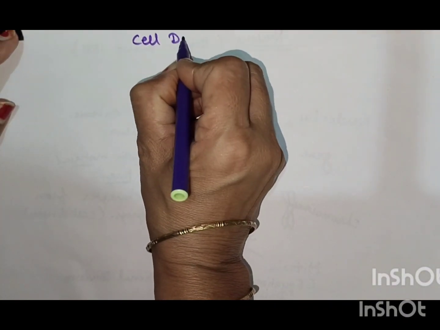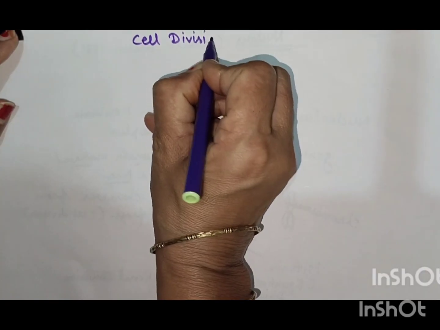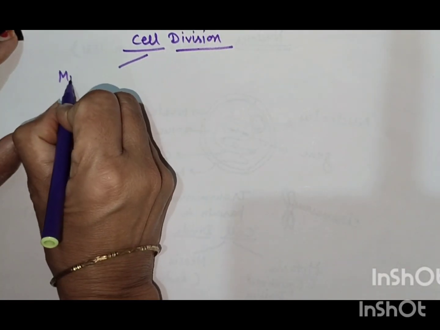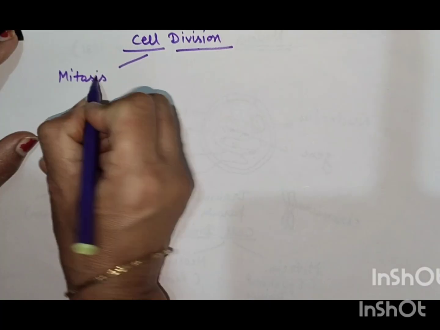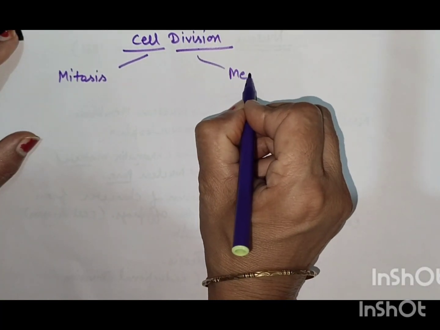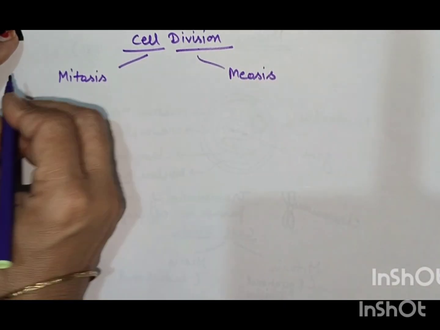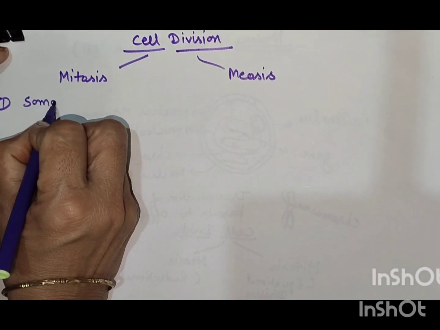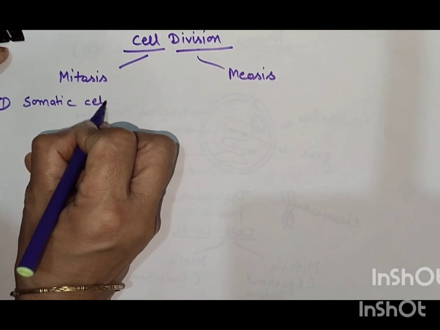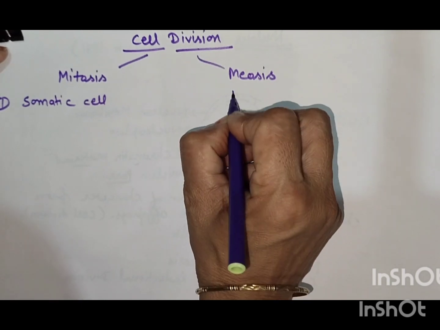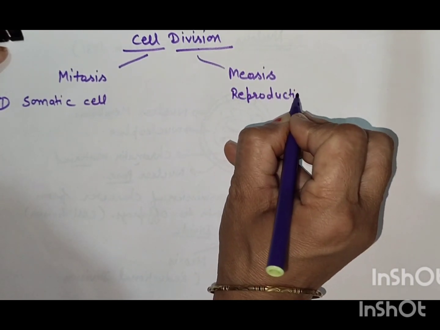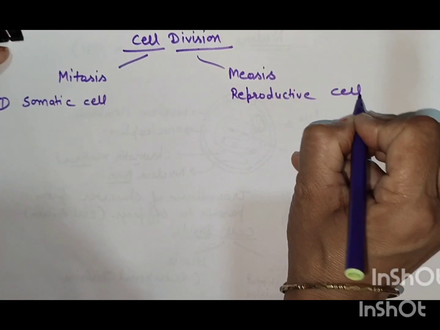Cell division divides by mitosis and meiosis. Mitosis occurs in the somatic cells, and meiosis occurs in the reproductive cells.